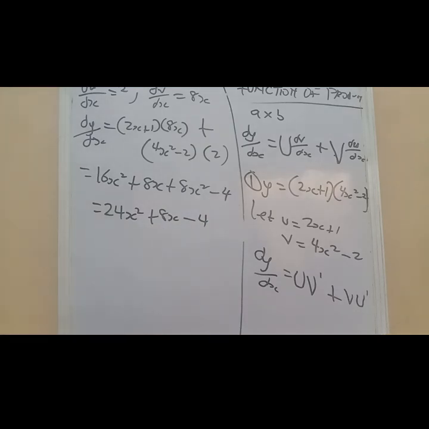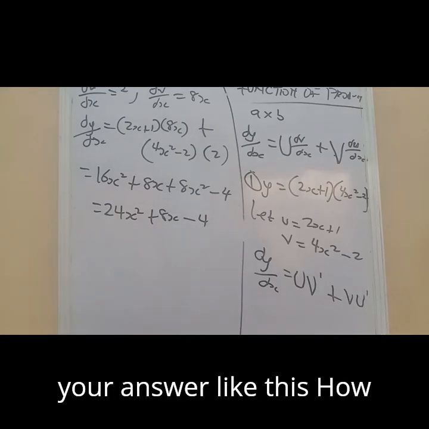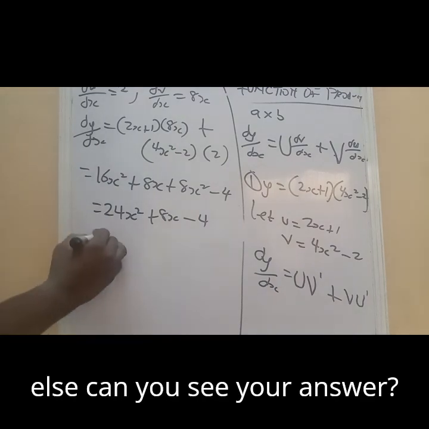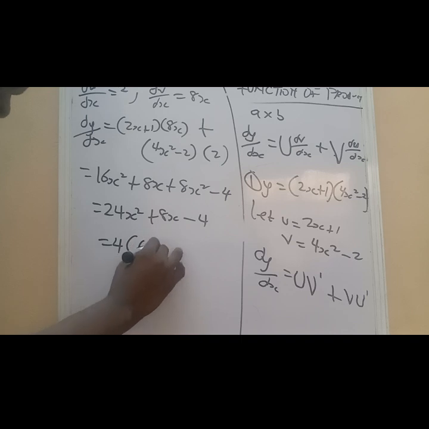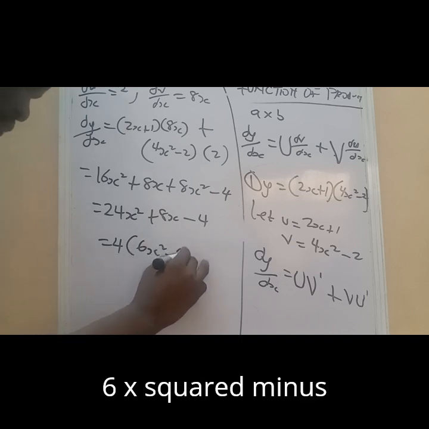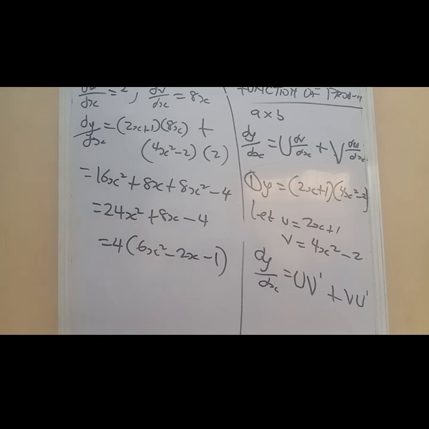In case you do not see your answer like this, you can see your answer as 4 into bracket 6x squared plus 2x minus 1. So that will be your final answer.